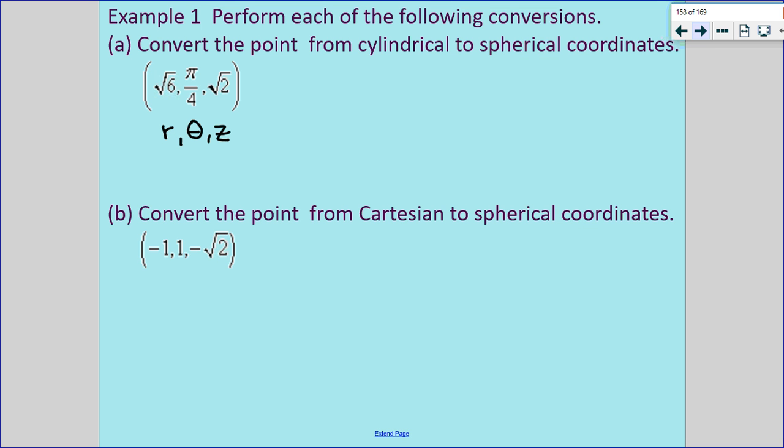And from the prior slide, we have some conversions. So to get rho, rho squared is r squared plus z squared. So rho is the square root of r squared plus z squared. So that's going to be the square root of 8, or 2 radical 2.